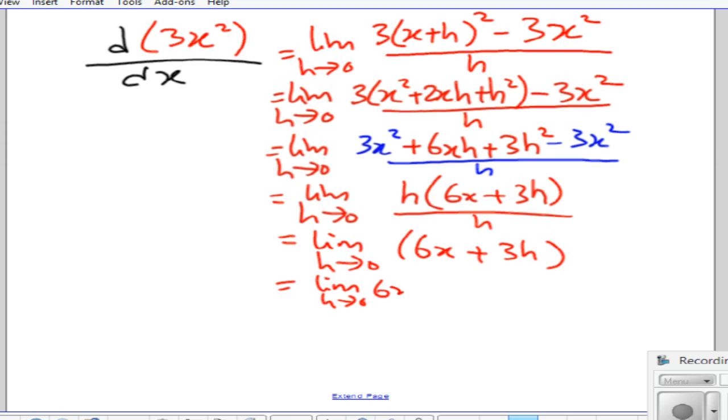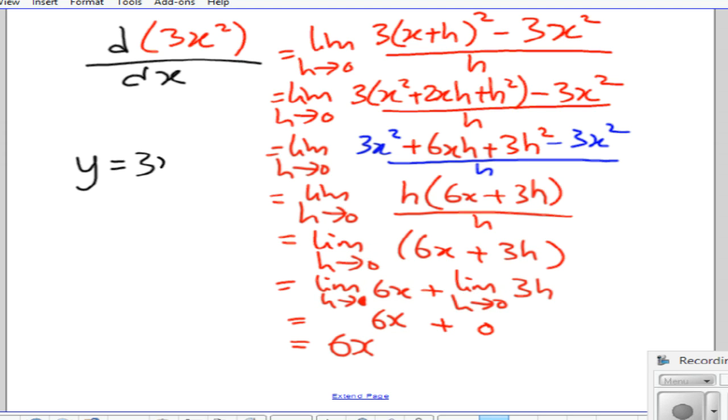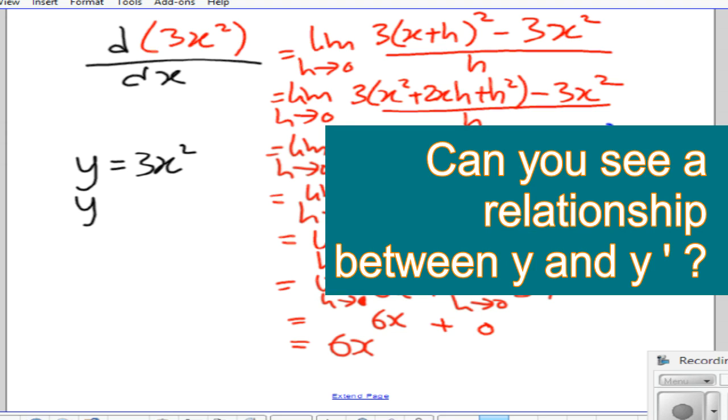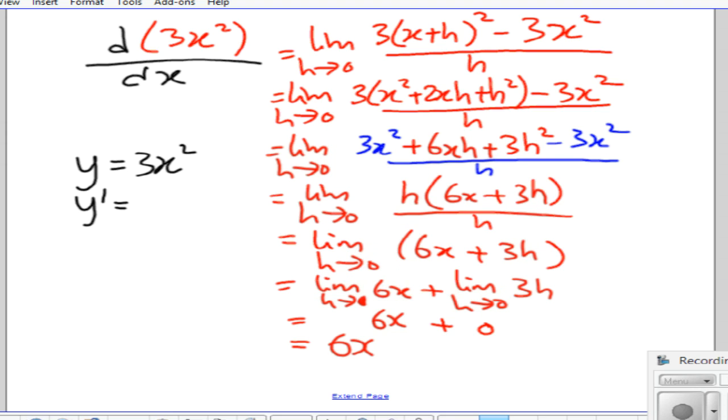The limit as h goes to 0 of 3h approaches 0. And the limit as h goes to 0 of 6x: x and h are independent of each other, so nothing will happen and it will remain at 6x. So the answer is 6x. That is, if the function is 3x squared, then the derivative of that function is just going to be 6x.